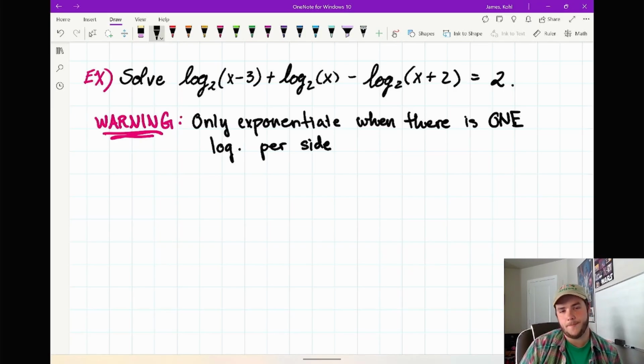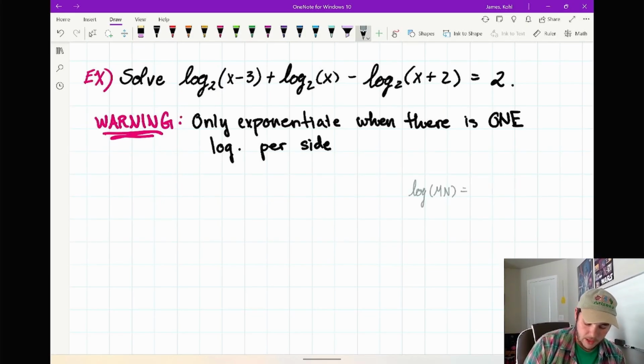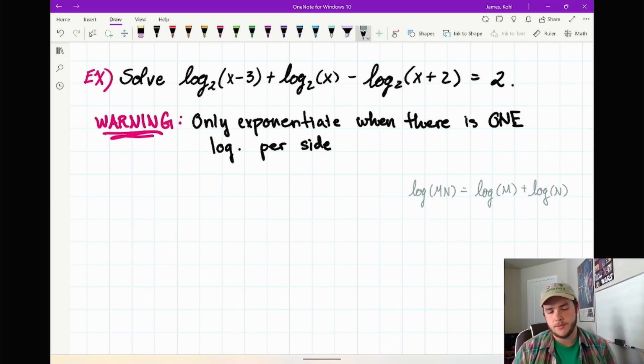How would I do that? Remember back to our product and quotient rule that log of mn is log of m plus log of n. Well, in the problems we did in that section, it was more simple to write the product as the sum.